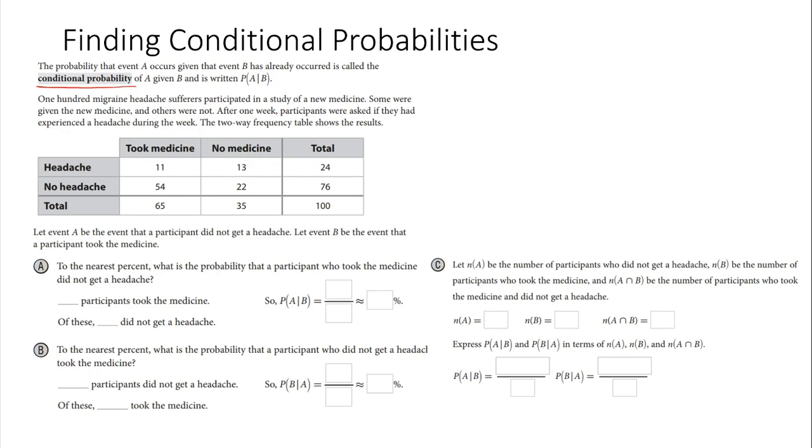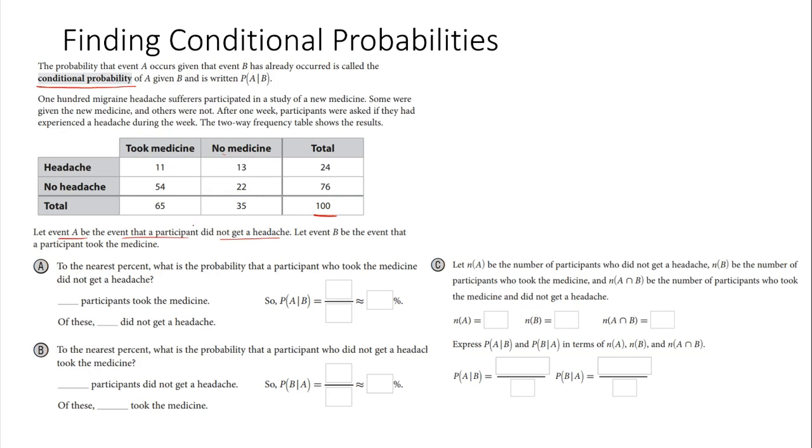This is coming back from a recent two-way frequency table from earlier on, I think in module 21. It's a two-way frequency table showing medication, no medication, and headaches, no headaches, out of 100 people. Let event A be the event that a participant did not get a headache.